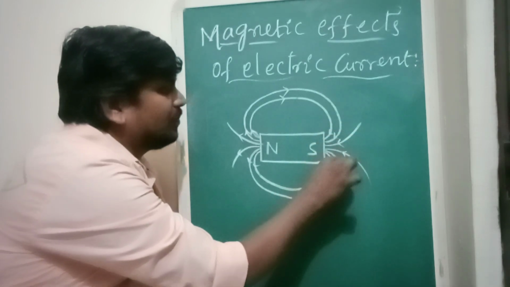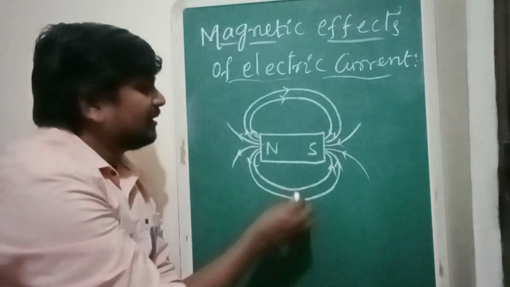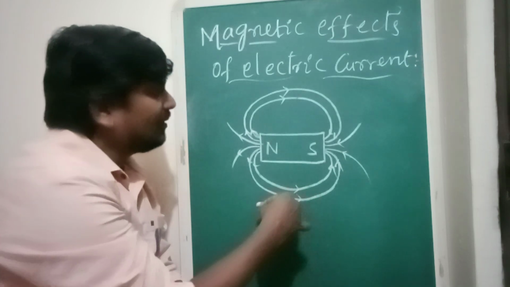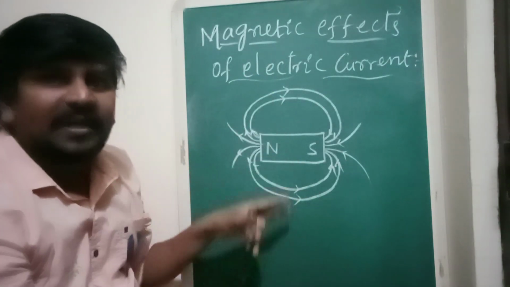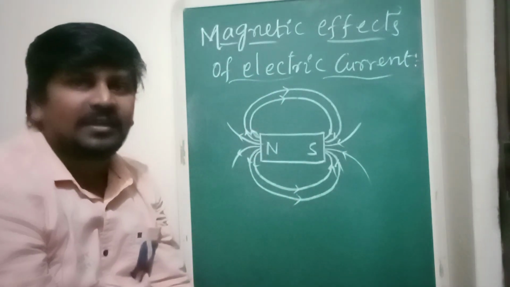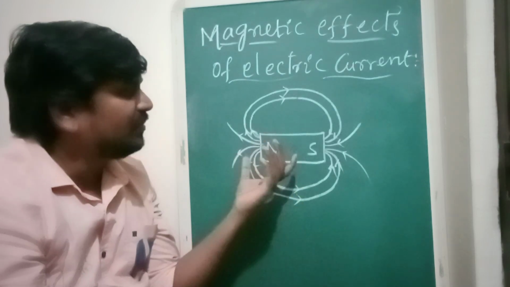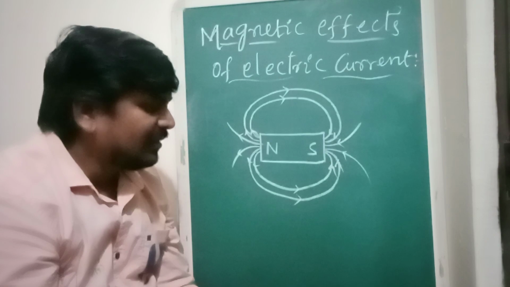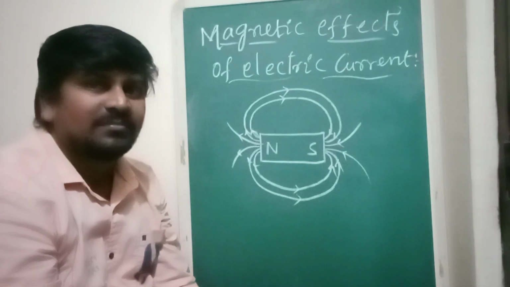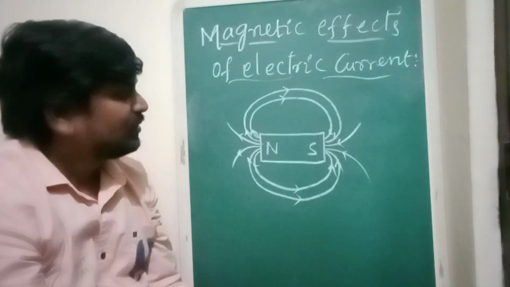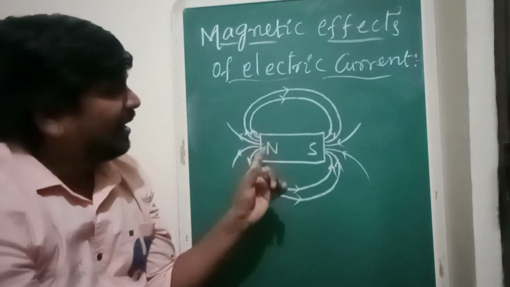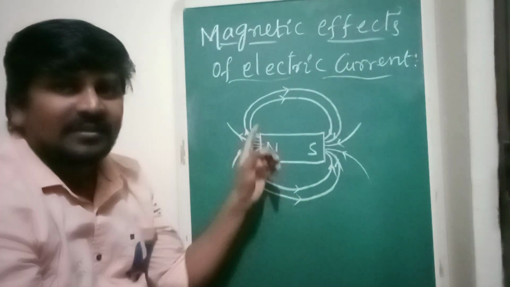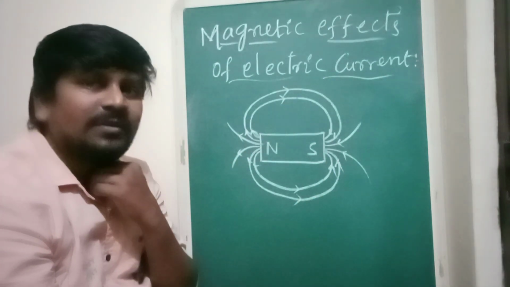If you place the direction like this, it looks good. The diagram is neat and clear, so you'll get good marks in the exam. So the first point is magnetic field lines start from north and reach to the south pole.